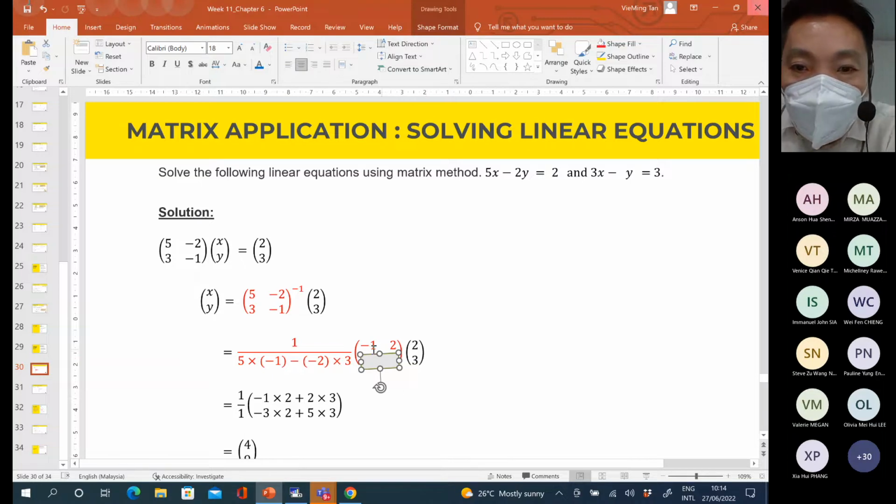It will be -1 multiplied by 2 plus 2 multiplied by 3. So I'll get 4.